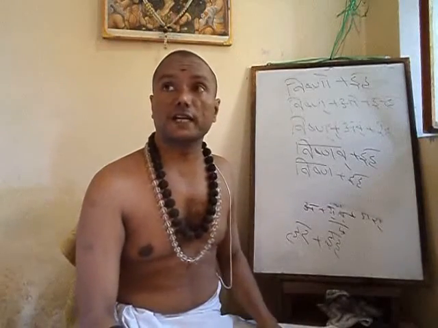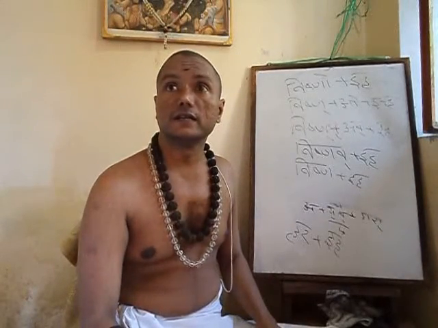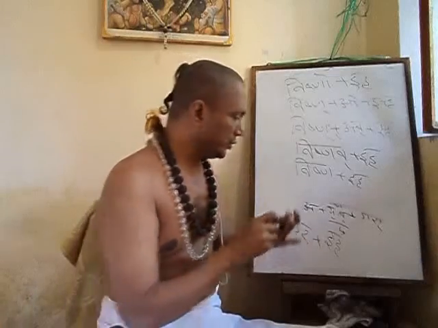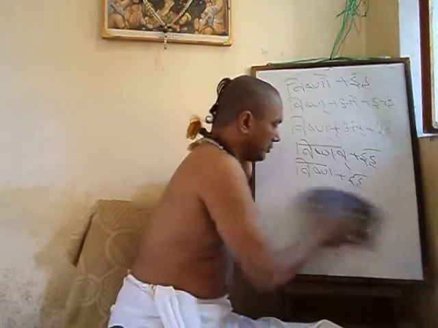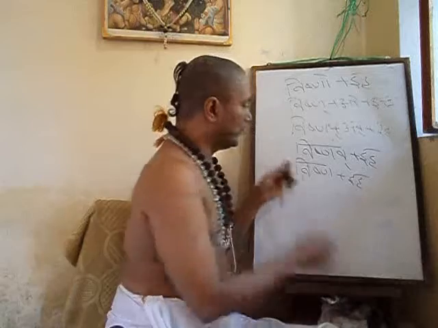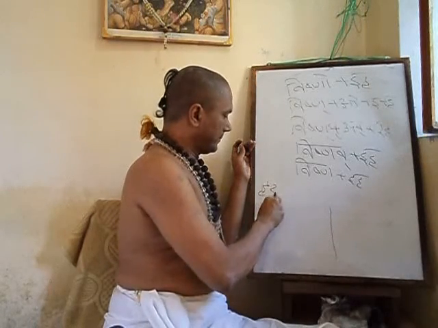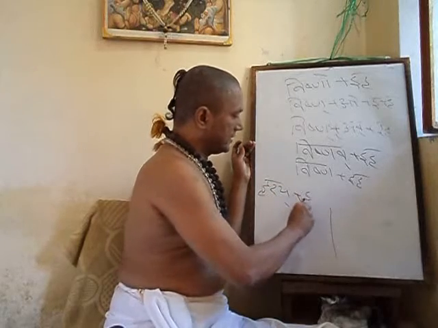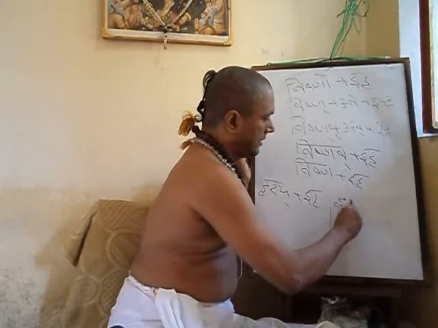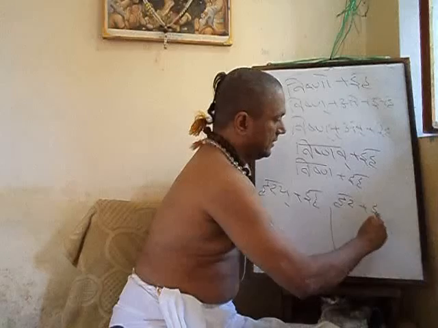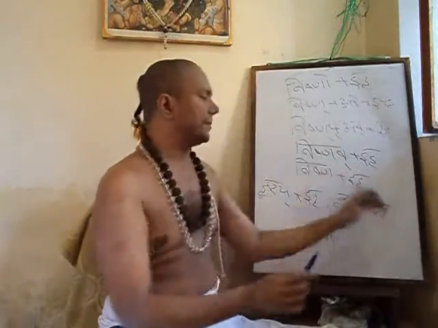Remember one thing, Lopa Shakalya is a Vikalpa, so you will have two forms. Here also you have two forms. One with Lopa, other with no Lopa. Hara plus Iha. Pakshe Abhave we say.